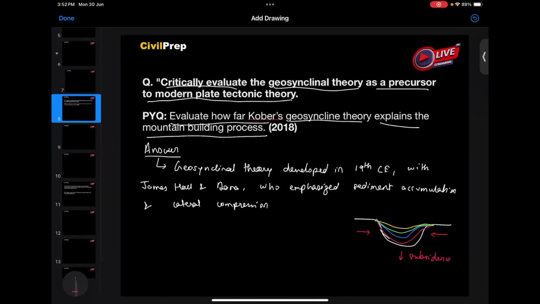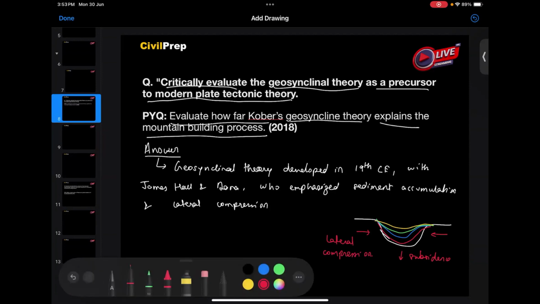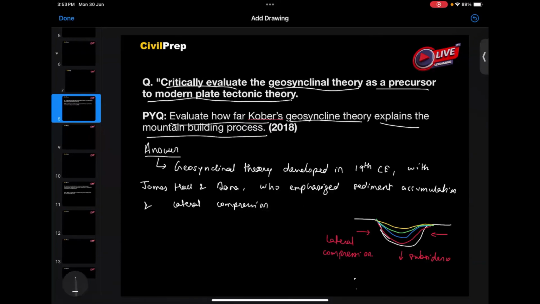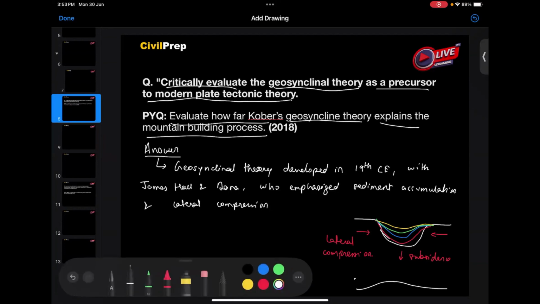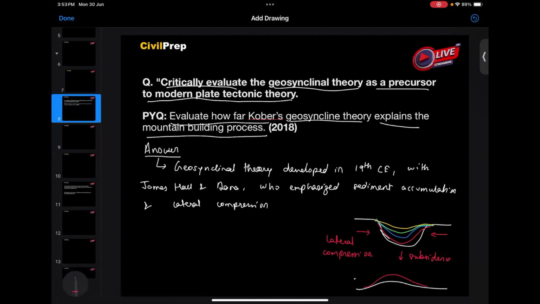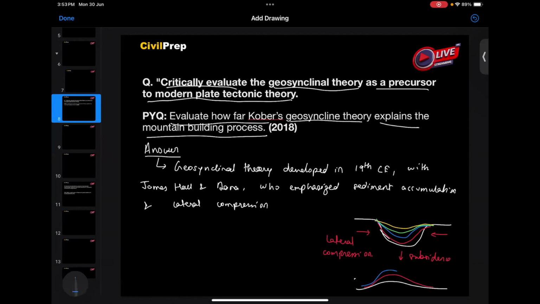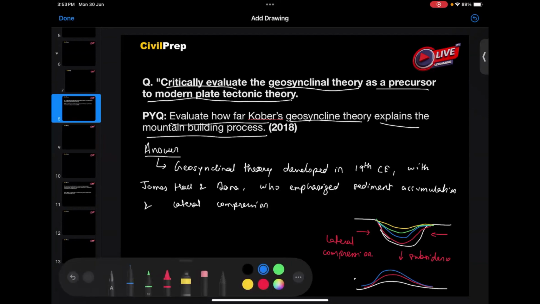Later on, lateral compression results in the rise of this geosyncline into fold mountains.